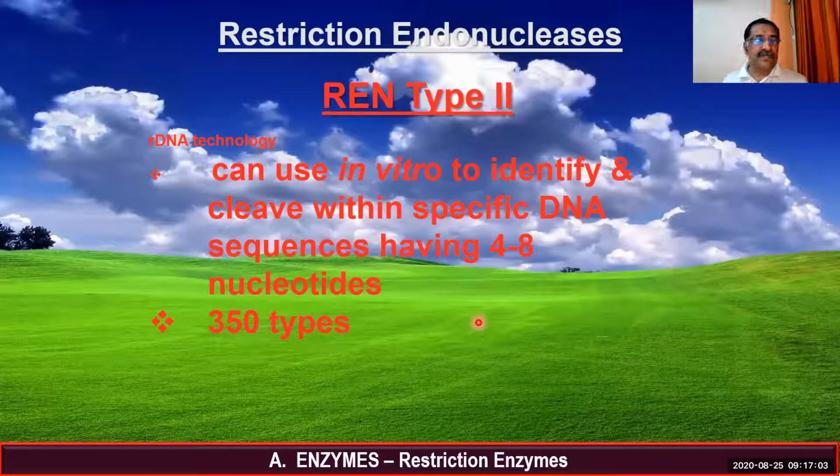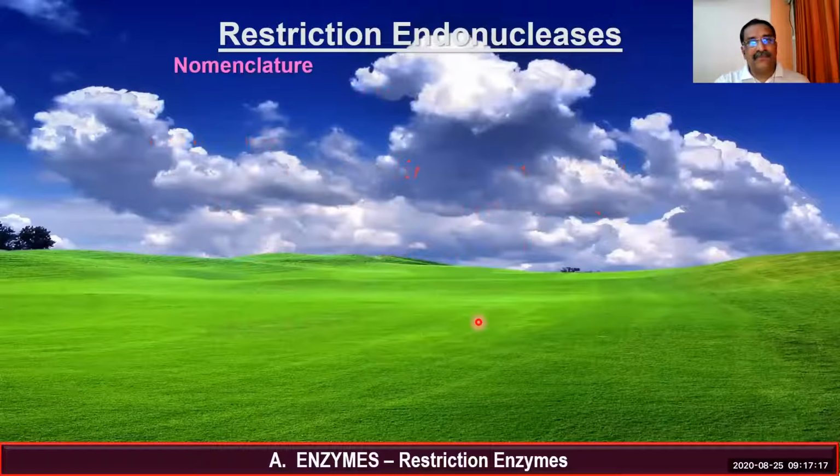These are the points we have seen. After that, we have seen that there are different types of such enzymes. In your book, maybe thousands are written, but in our older syllabus, it was written as 350 types of type 2. Then we have seen the nomenclature of the enzymes, which is not given in your book.